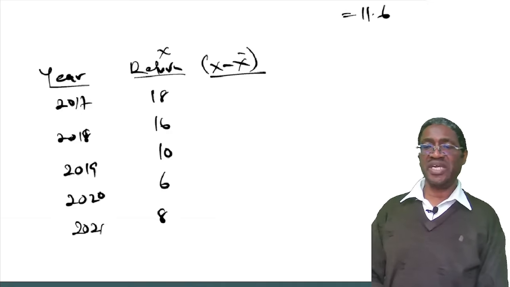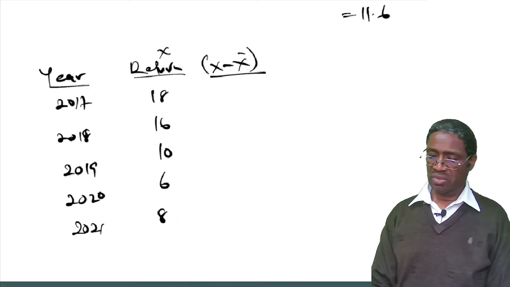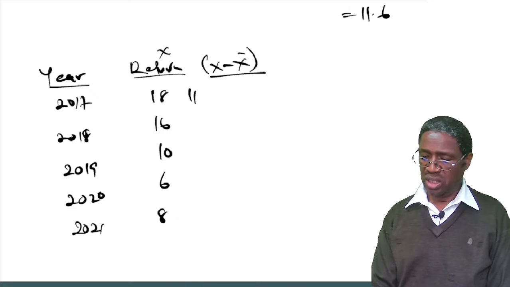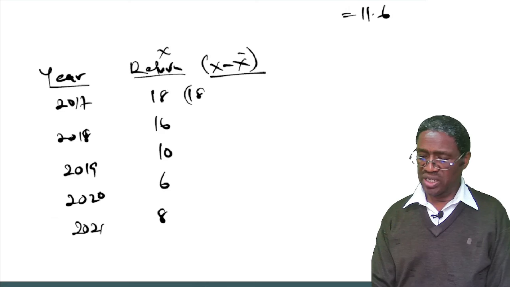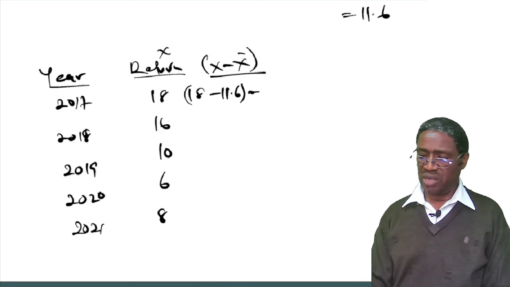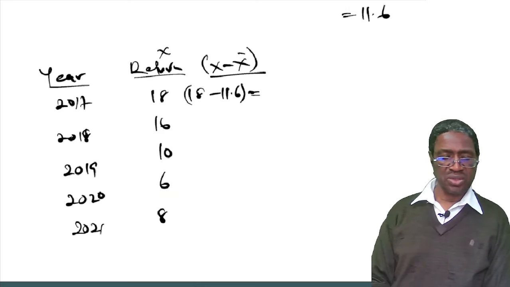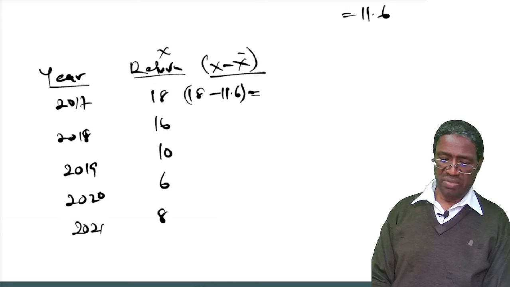So I take 18, 18 minus 11.6. What becomes the deviation there? So that you know what we are doing. That is 18 minus 11.6.